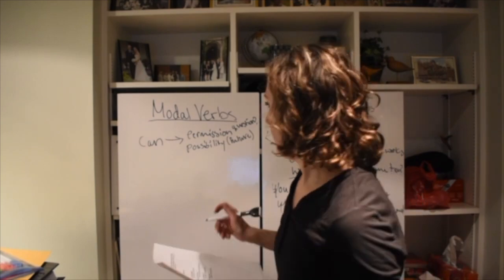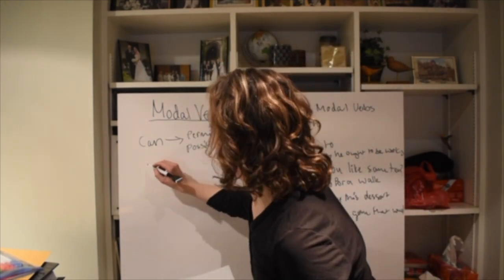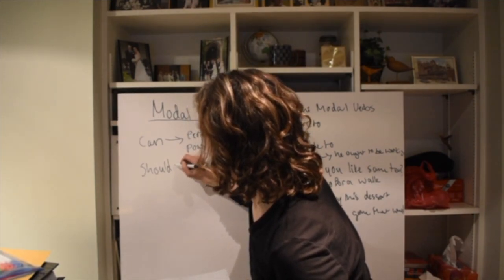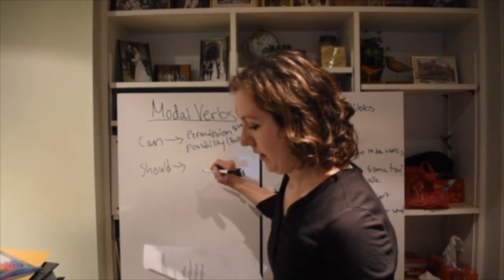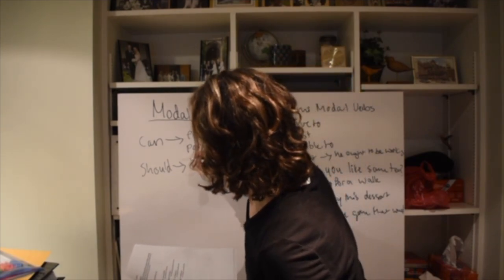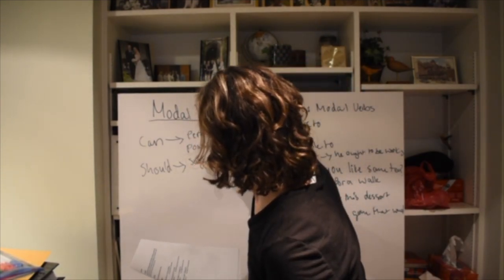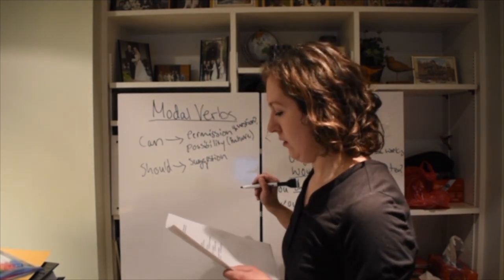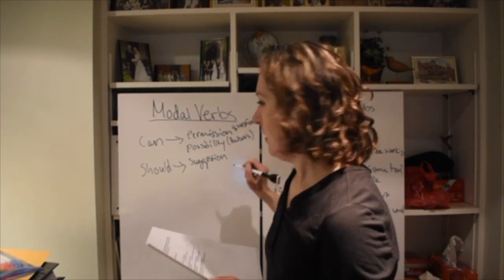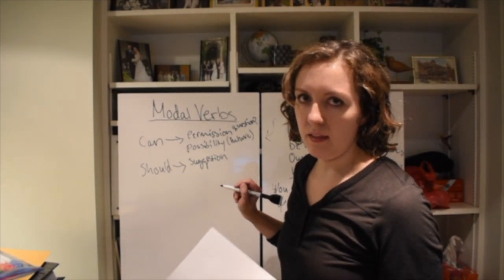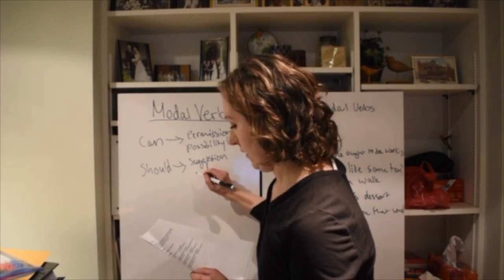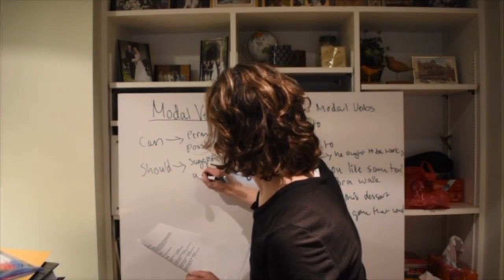And then let's say if you wanted to use should as an example. So we have should, it could be used for suggestion. You would say, for instance, shouldn't he be doing his schoolwork? That could be classified as one. And it could also be used for advice.